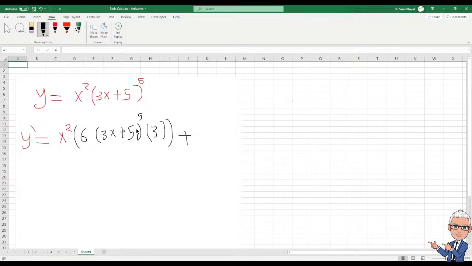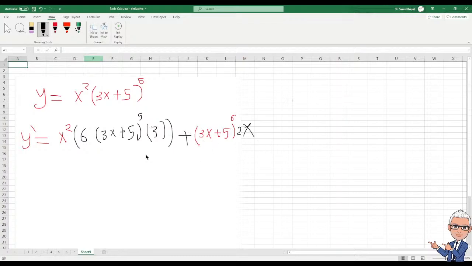Now, plus what? This one, I will write it in red, which is (3x plus 5) to the power 6 times the derivative of this one, which is 2x.